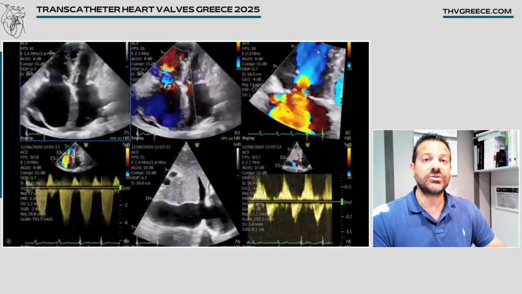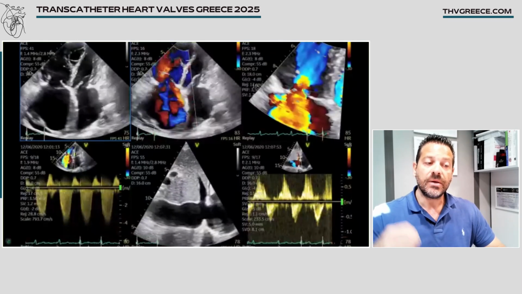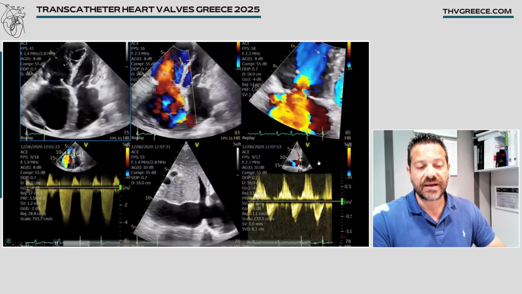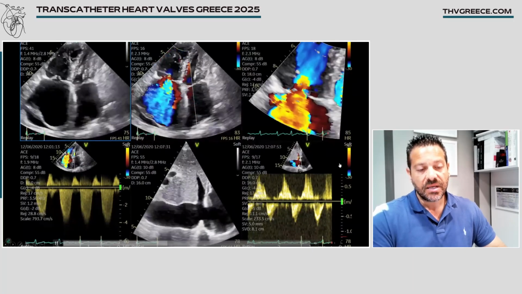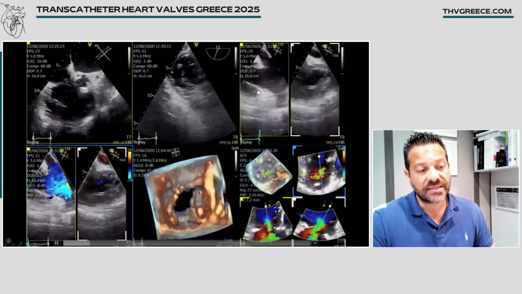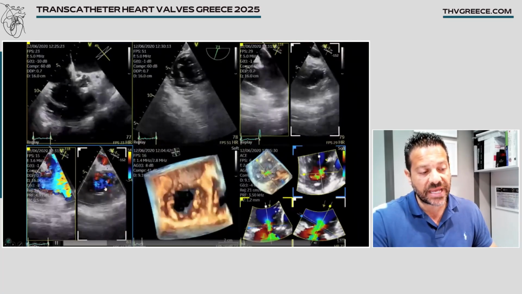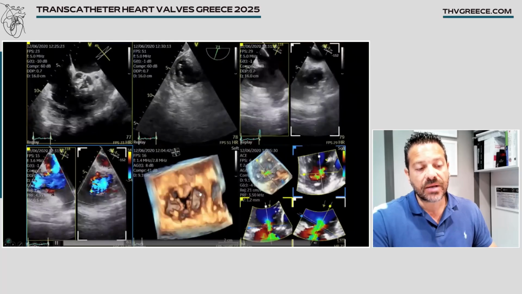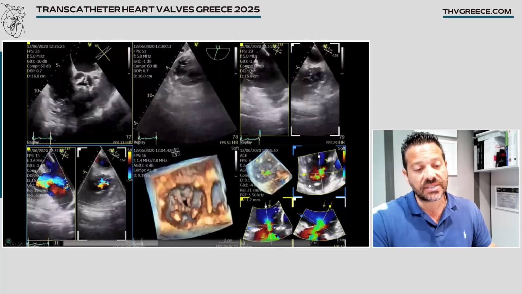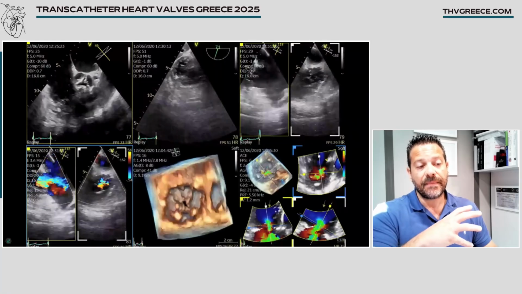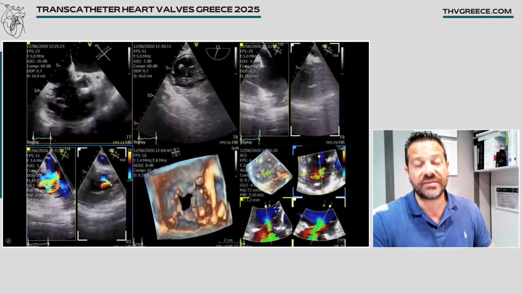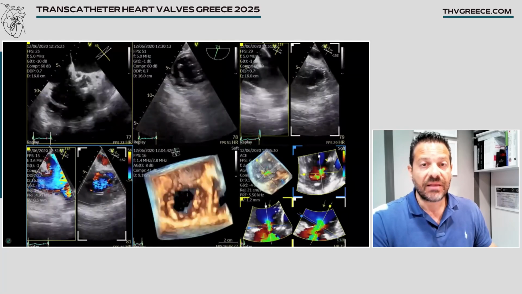And we need to use all the available tools: the PISA method, anatomy assessment, the inferior vena cava, the hepatic veins, and of course advanced methods like TOE with transgastric views for the location of the TR, the anatomy according to transthoracic 3D echo, and vena contracta area are also very important. It is a multidisciplinary assessment and approach with different tools to evaluate the severity of TR.